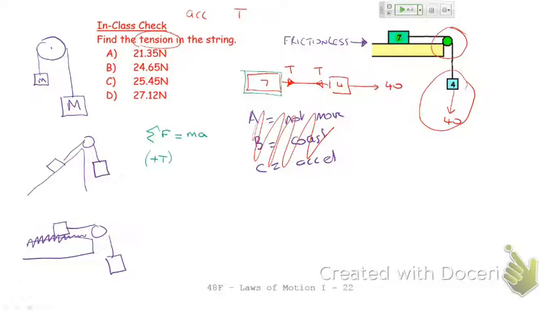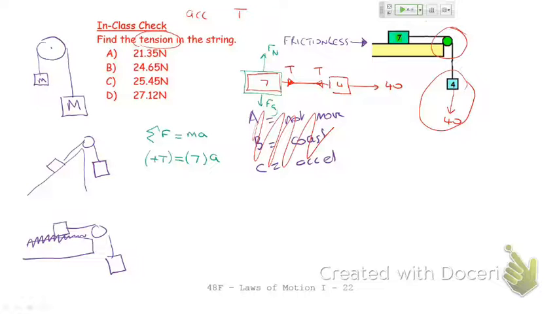There's no other forces on this. There's the normal force up and the weight down, but they are perpendicular to my direction of travel, so I don't care about them. There's no frictional force. So there's only a force positive in the positive direction of T is equal to the mass, which is 7 times A, which I don't know.